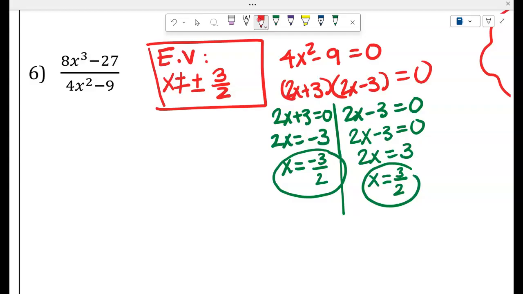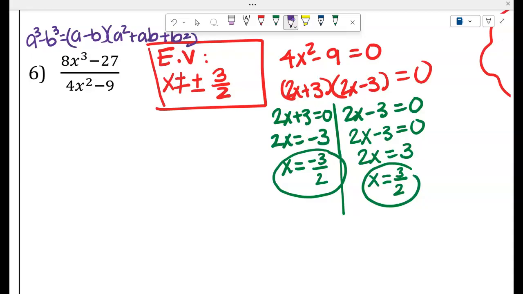So with the numerator being a difference of cubes, we have to factor that out. Hopefully you guys remember how to factor sum or difference of cubes. If we have a cubed minus b cubed, if you remember SOAP, it's going to say a minus b times a squared plus ab plus b squared.